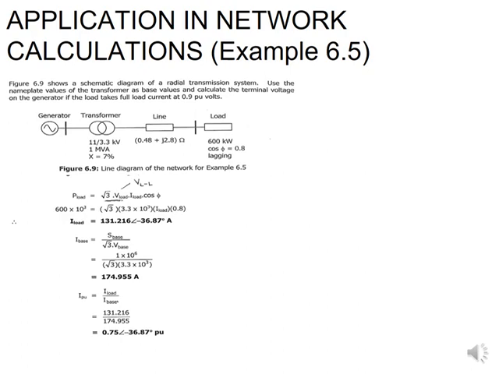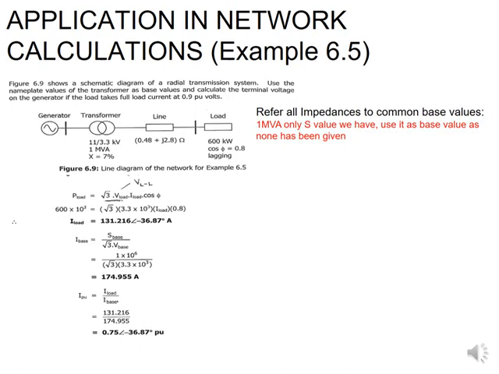At the load side, my voltage is the 3.3 and is fed from the transformer 3.3 side, which becomes my base voltage there. So I get my base current, and then I can work out what my per unit current is going to be. That per unit current is going to be the load current I got initially, divided by this base current that I got now. And so therefore I've got a per unit current of 0.75 in this case.